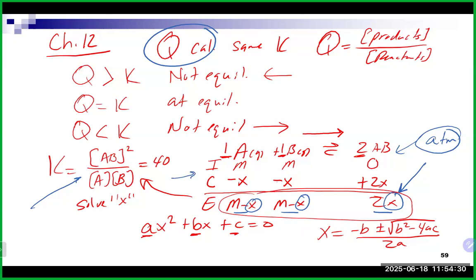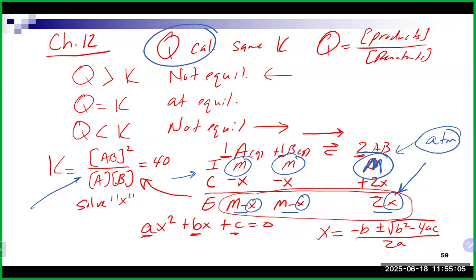So if you come across a calculation like this, and you have all of the starting information there for your table, you should calculate Q. The reason you would want to calculate Q in this case is it is probably not at equilibrium, because frankly, it wouldn't be much of a question if it was. But more importantly, it's going to tell you which direction this reaction has to go to reach equilibrium.